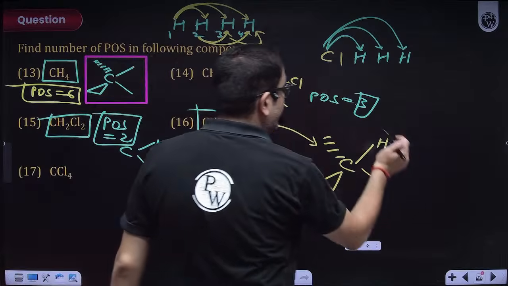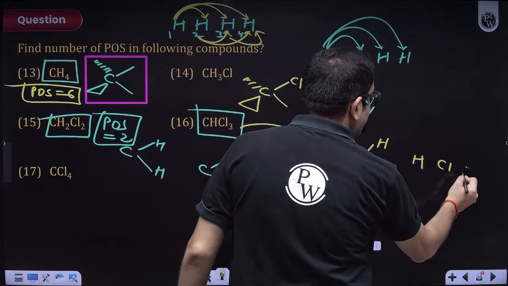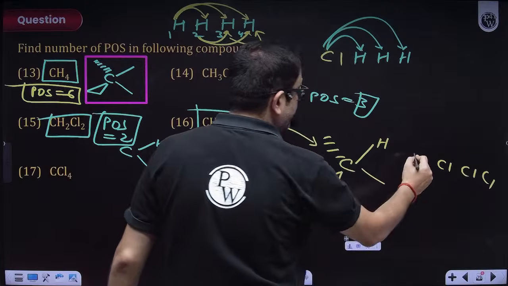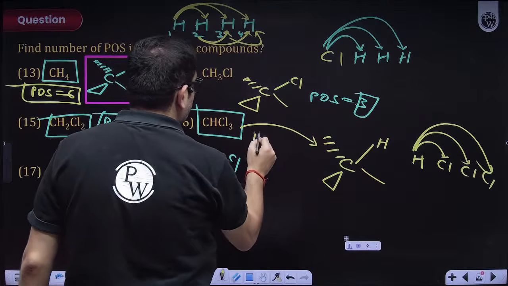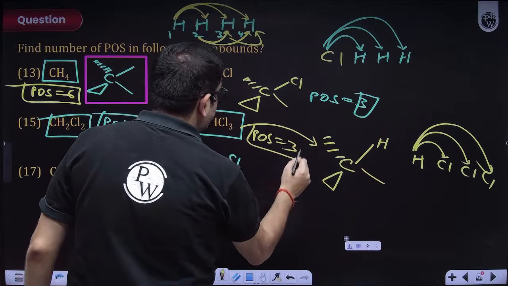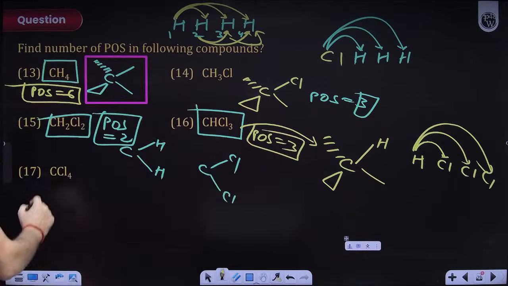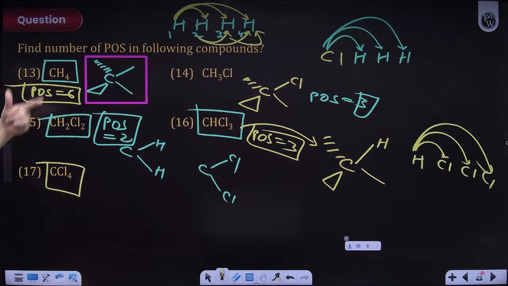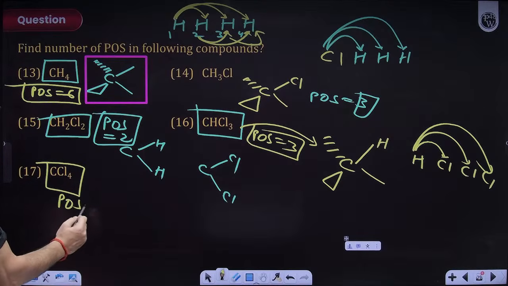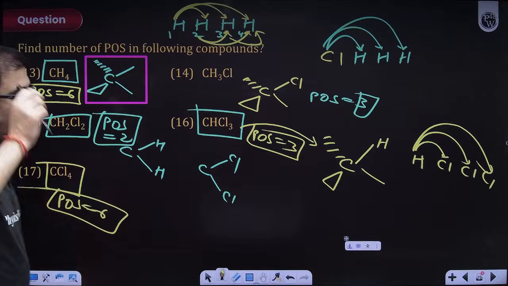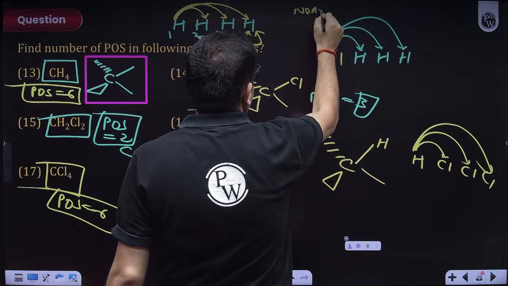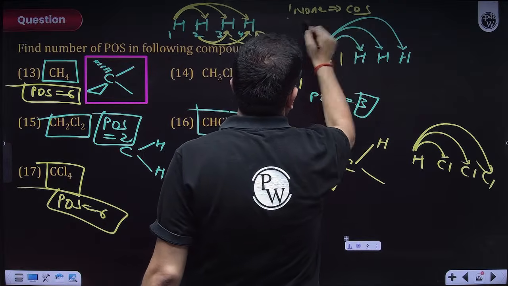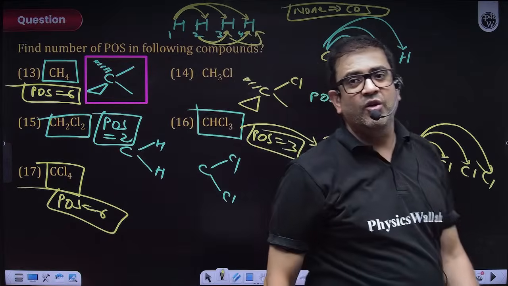So instead of fixing chlorine, now you fix H, because Cl, Cl, Cl are sufficient. So 1, 2 and 3. Obviously this is the same thing. How many planes of symmetry will you have? 3. Moving to the last one, CCl4 is nothing but like CH4, so the planes of symmetry will be 6. And obviously none will have a center of symmetry. I hope everybody is clear.